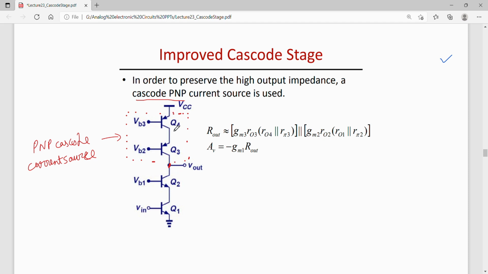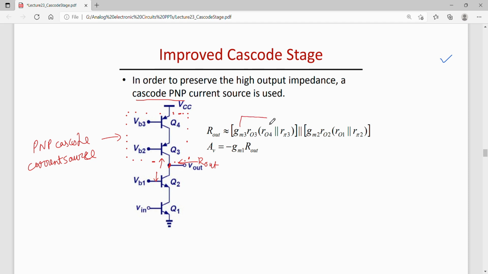Now the output impedance of the overall circuit can be calculated, because we know the output impedance of the PNP cascode and the output impedance of the NPN cascode. So we know that. The total impedance R out would be equal to the parallel combination of the output impedance of the PNP cascode and the output impedance of the NPN cascode.